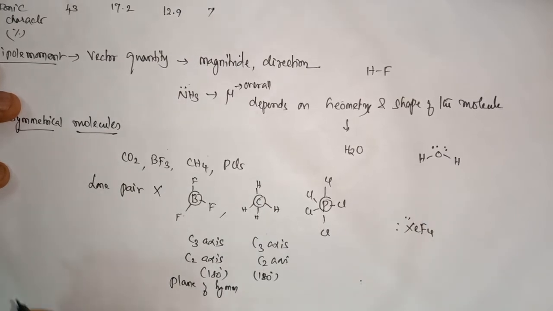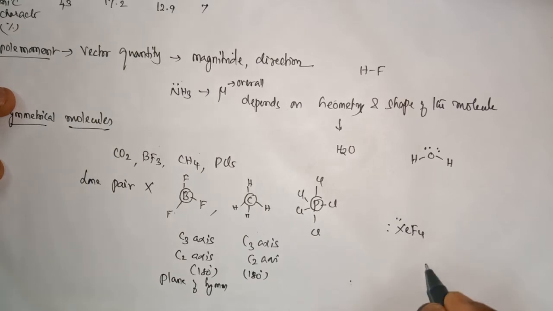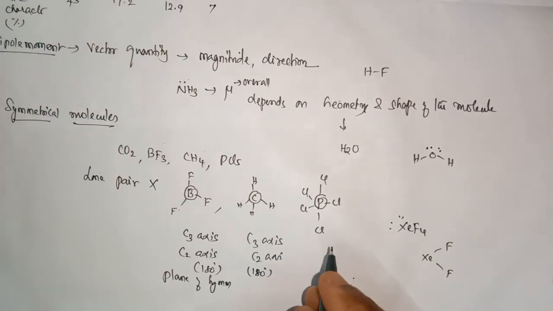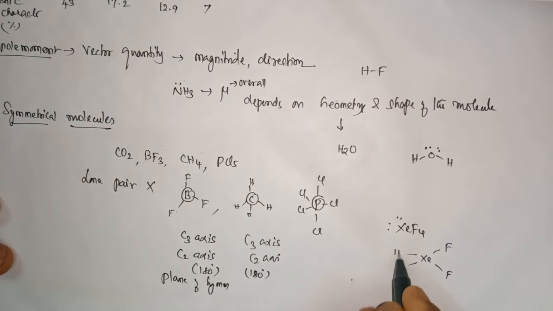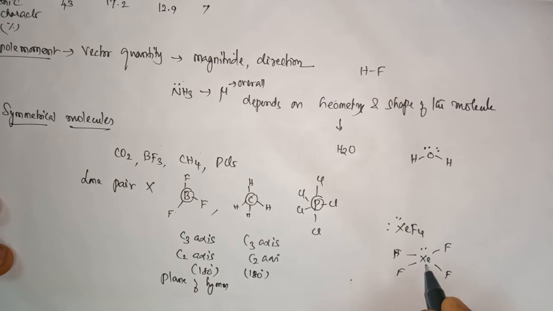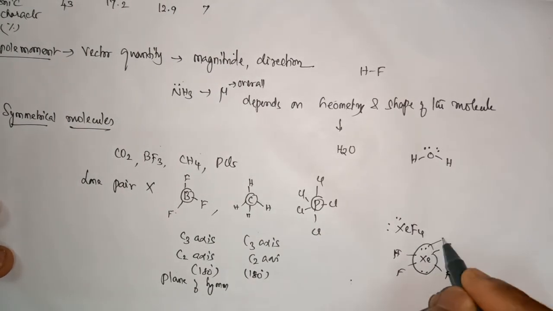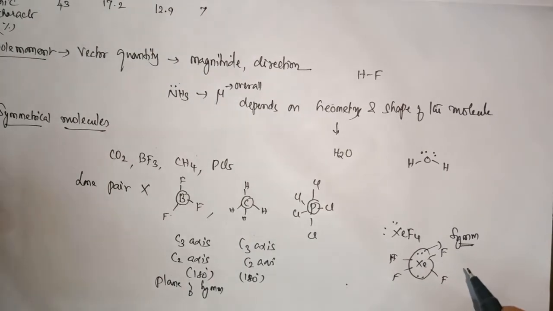It has two lone pairs, but the same type of atom, fluorine, surrounds xenon: fluorine, fluorine, fluorine, fluorine. Even though it has lone pairs, it is symmetrical. We will see how, having lone pairs, it is symmetrical.